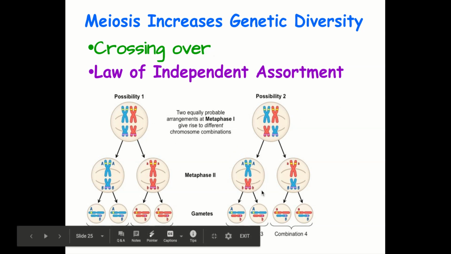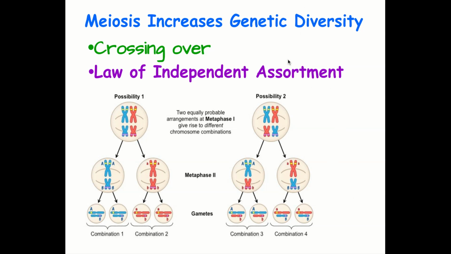And the different combinations that you get when they line up and separate during meiosis creates genetic diversity, because there's so many different combinations of genes and chromosomes that you can get during this process. All right. So genetic diversity just means different combinations of genes.